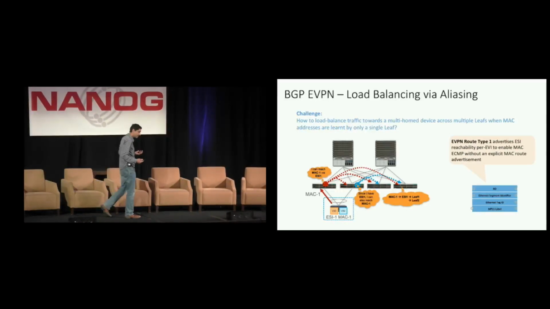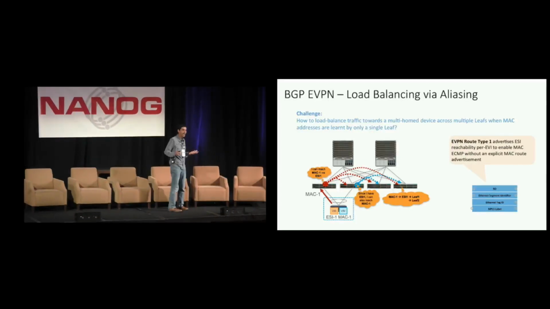Essentially, each leaf that has an Ethernet segment configured, with an EVPN service enabled on that Ethernet segment, advertises reachability to that Ethernet segment in the context of the EVPN to all the other leaves that are part of that EVPN. So for example here, if the host is multi-homed to 2 leaves via ESI1, both the leaves will advertise reachability to ESI1 in the context of each EVPN that is enabled on that Ethernet segment.